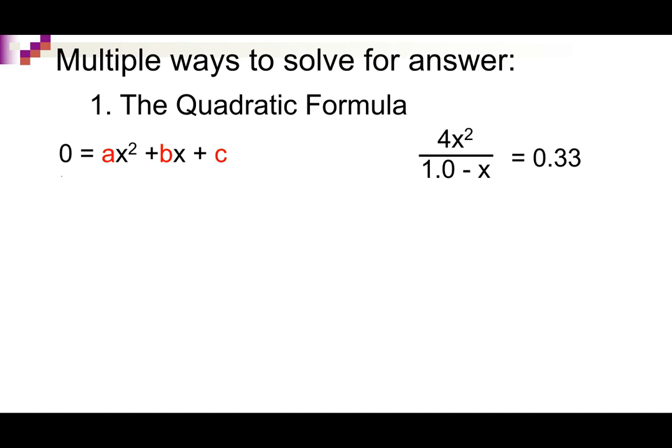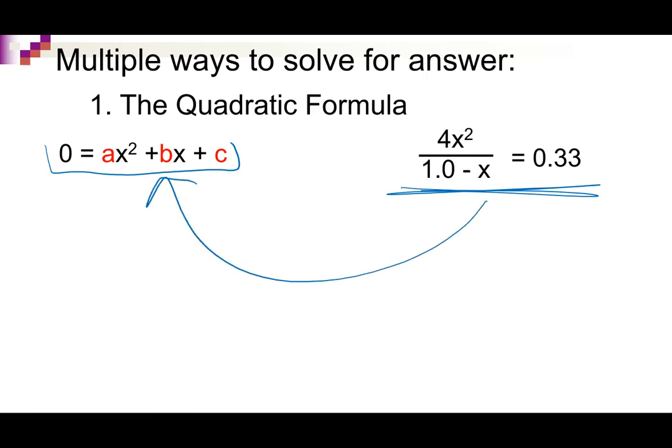So the quadratic formula looks something like this. So we're going to get this guy into a format that looks like this. So we're going to have 0 on one side. We're going to group all of our numbers that have an x squared together. We're going to group all the numbers that have the variable x together.